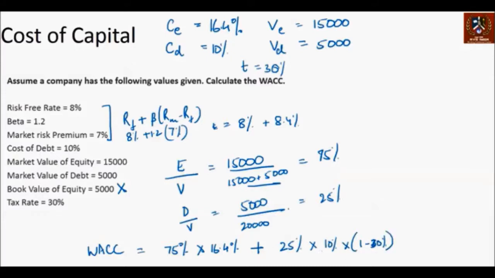So effectively the equation will rewrite itself, and I'm going to write it somewhere here, and I'm going to use another color. So this becomes 75% into 16.4% plus 25% into 7%. These combine to give me my weighted average cost of capital.